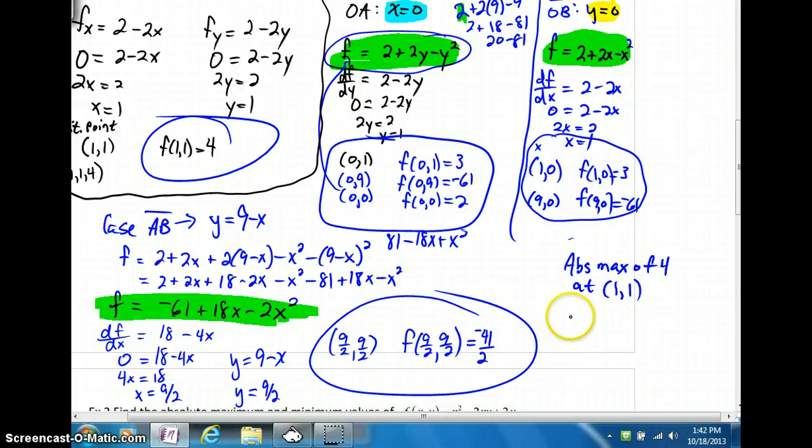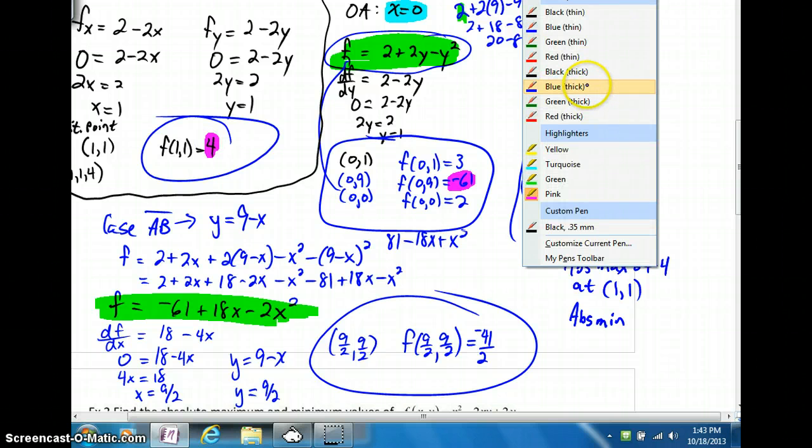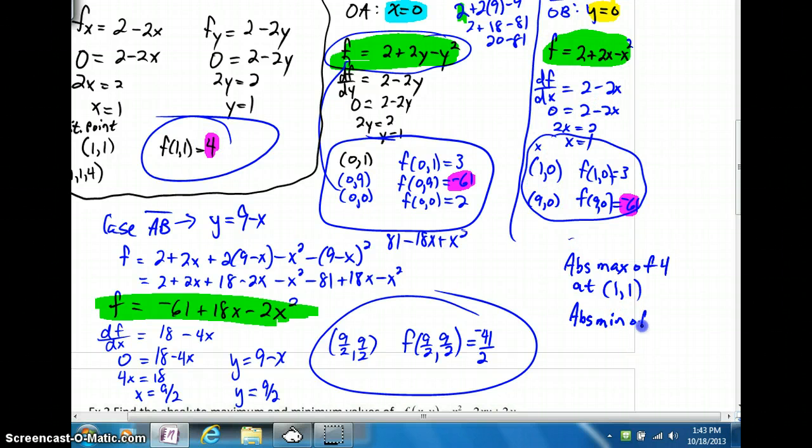Take a look at your absolute min. Well, your absolute min, you've got to find the smallest z value that you ever can achieve. I hope it's pretty evident that we're seeing that occur here at negative 61. So we'd say the absolute min of negative 61 at two ordered pairs, 0 comma 9 and 9 comma 0.